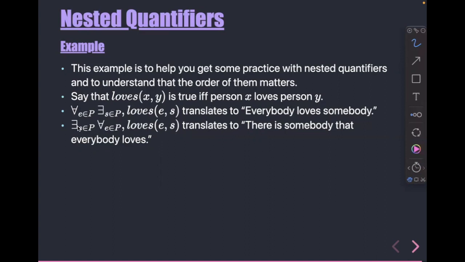This means that there exists a person such that for all people, they love that person. So now there is somebody that everybody loves. Whereas in the first statement, each person has their own person that they love. But this is saying there's this one person such that everybody loves them. So you can see how even though we're using the same quantifiers and we just flipped the order, we're actually changing the meaning of our statement.